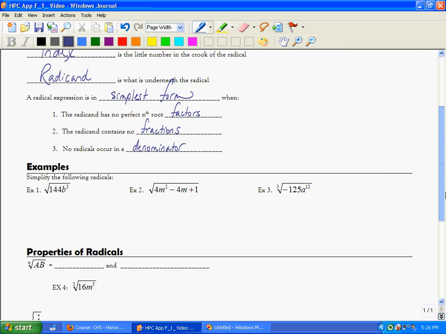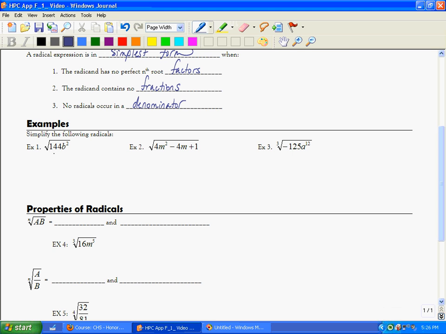Some examples of this. Square root of 144b squared. This is assumed to have a little 2 in the corner for the index. If there's nothing there, that's the most common one, so we don't have to write it. Square root of 144 is 12. Square root of b squared is the absolute value of b. Since this is an even index, it has to have an absolute value.